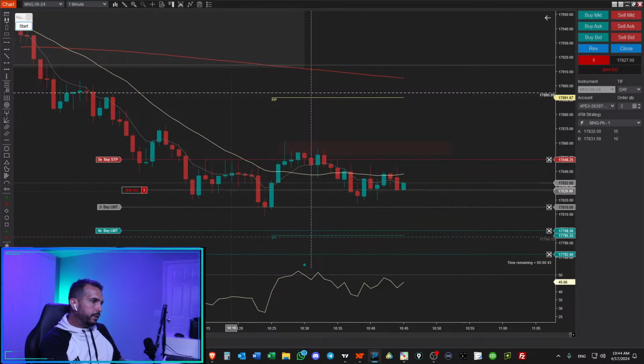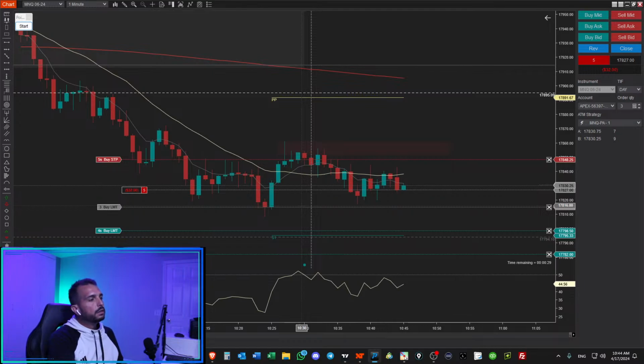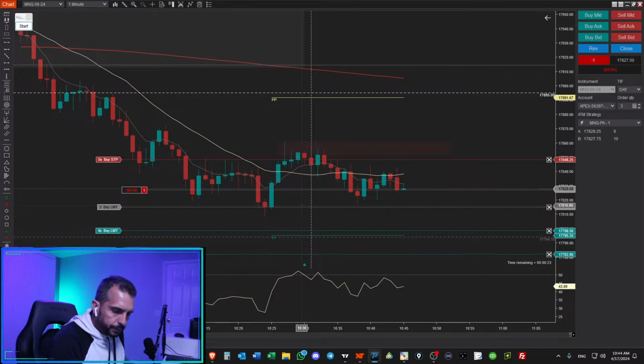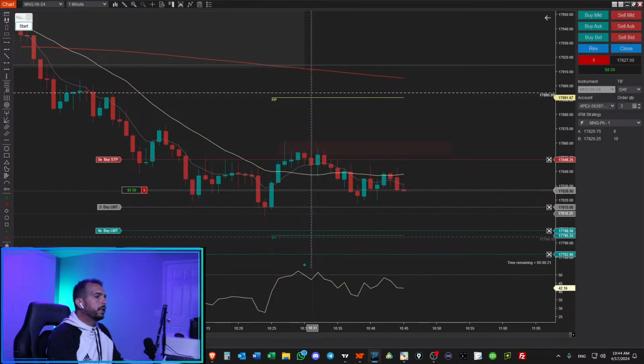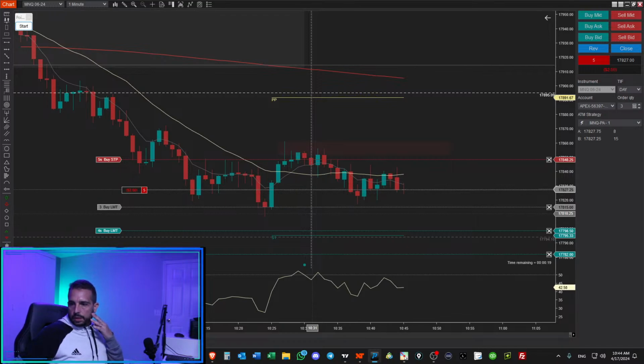Come on, after these 3 candles, you have to go down. You have to go at least test this bottom here. There's just too much sell pressure, right? Alright, go a little.